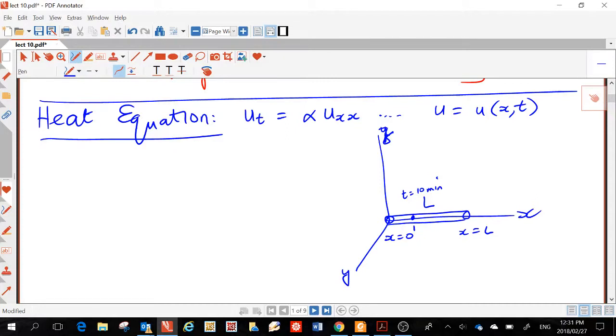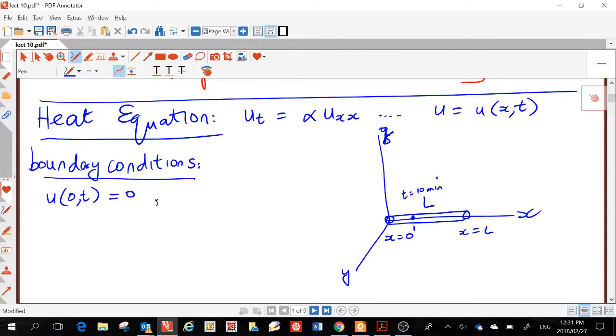But now, to solve a PDE, partial differential equation, which is what this is, you need what we call boundary conditions. So in this problem, let us assume certain boundary conditions, such as, let's say, u(0,t) is 0, and u(L,t) is also 0.